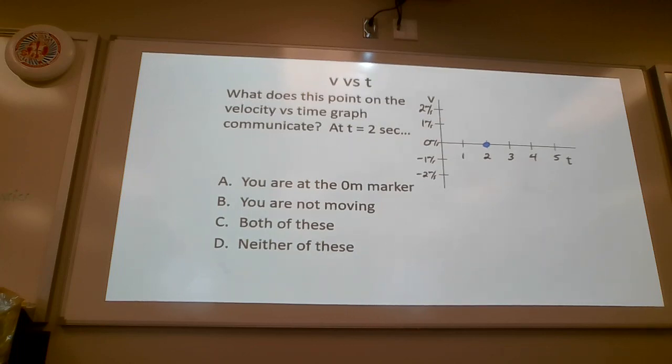Correct answer is? Correct answer is only B.